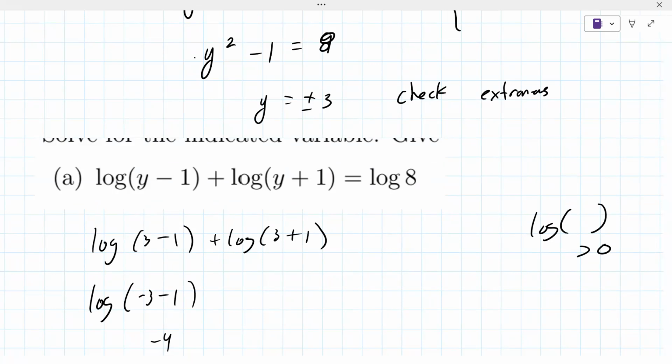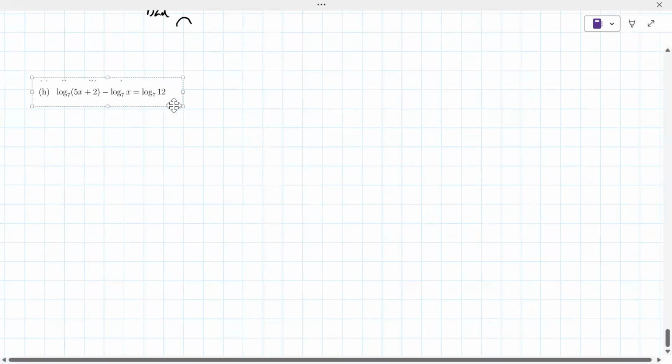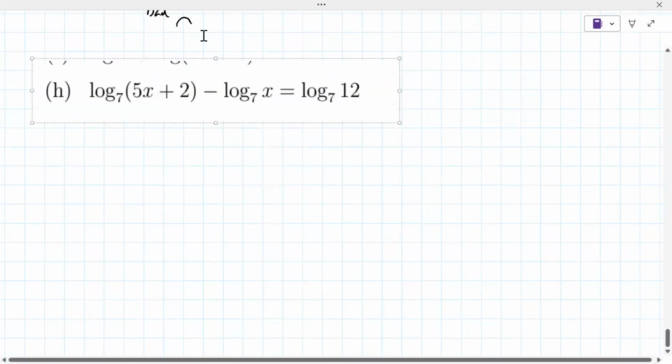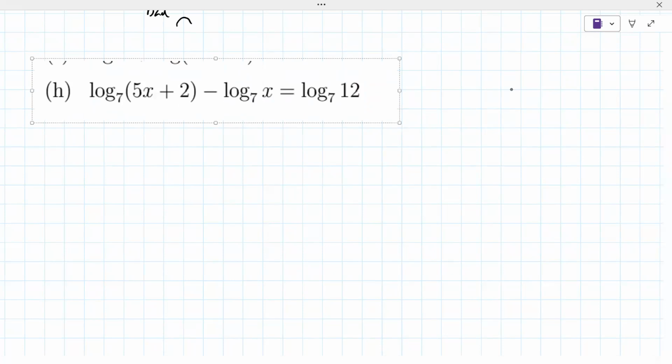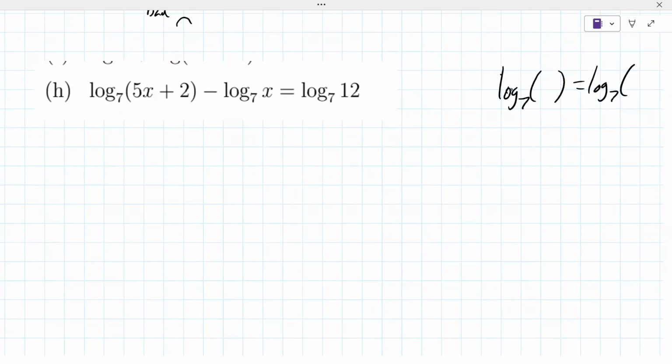Okay, so H is just like this type. So we should try this one next. We need to get into this form of log base 7 of something equals log base 7 of something.